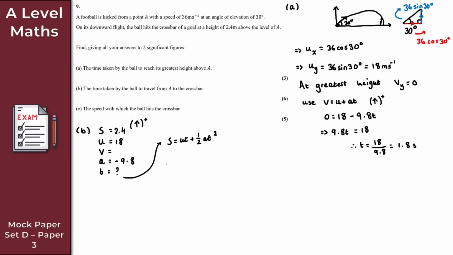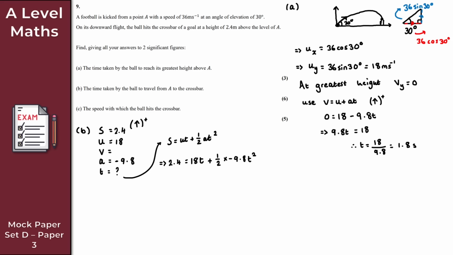S is 2.4, so 2.4 is equal to U times T, U is 18, so 18T, plus a half times A, which is minus 9.8, times T squared, so a half times minus 9.8 T squared.